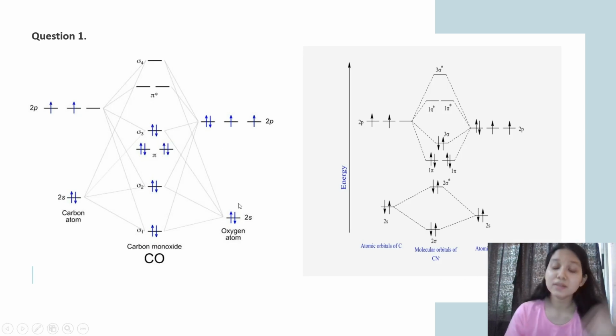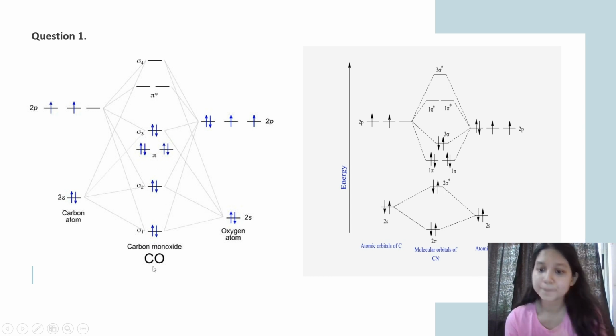In the question, we are asked for the ion isoelectronic with carbon monoxide. If you count in carbon monoxide, you have 10 electrons in the molecule. The cyanide species, CN minus, undergoes molecular orbital combination to give a molecular orbital diagram of such type, which will have a total number of electrons, if you count, 2, 4, 6, 8 and 10.